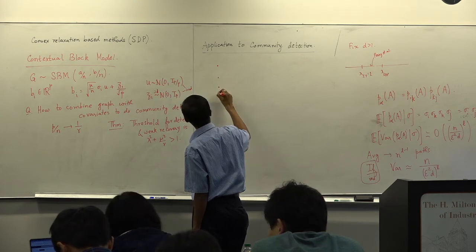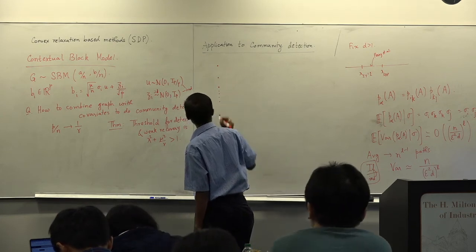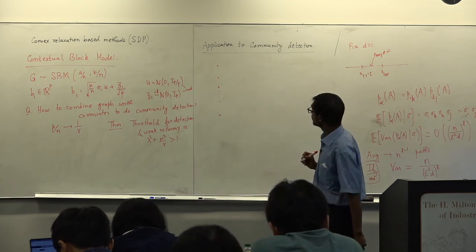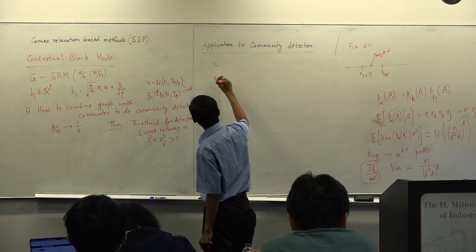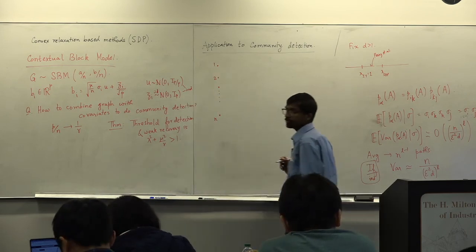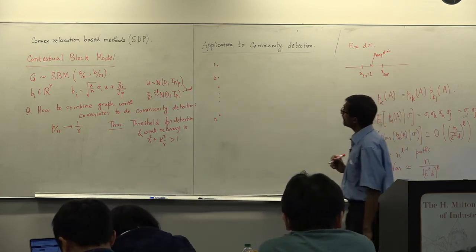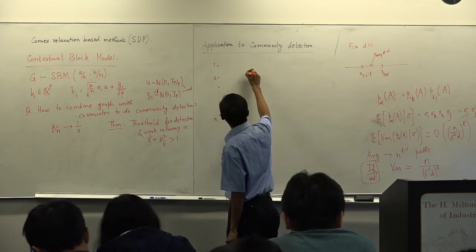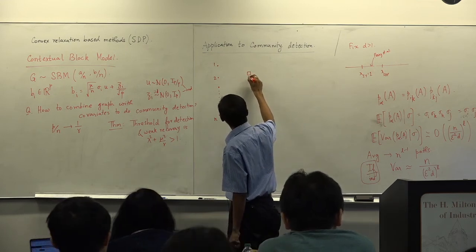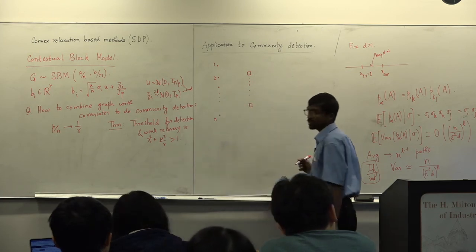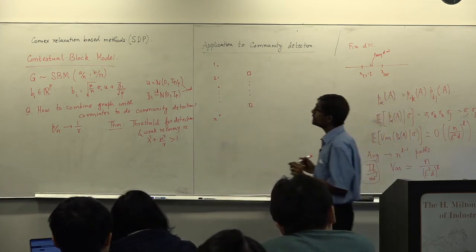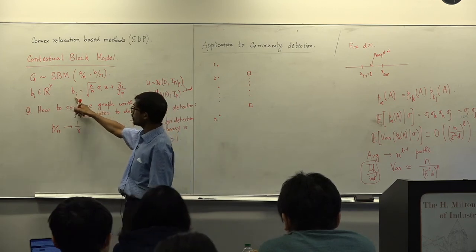I construct here the so-called factor graph for this problem. These represent my vertices in the graph. There are n of them. And on this side, I construct an additional set of p vertices, which correspond to the p covariates that I observe.